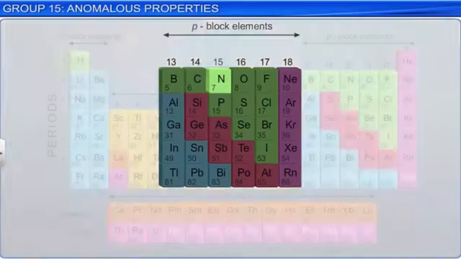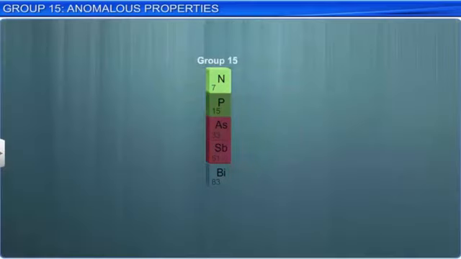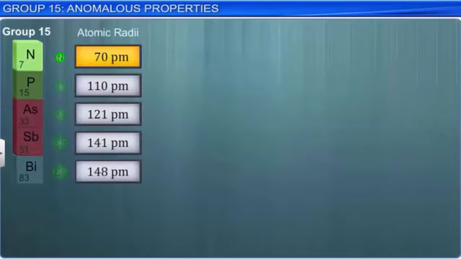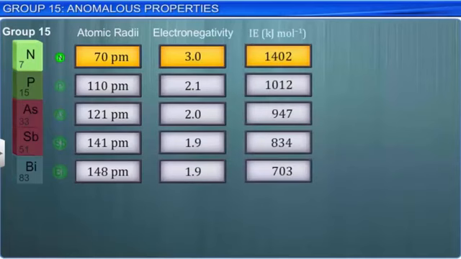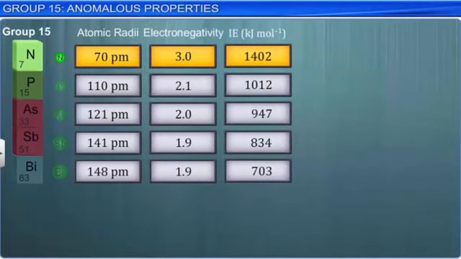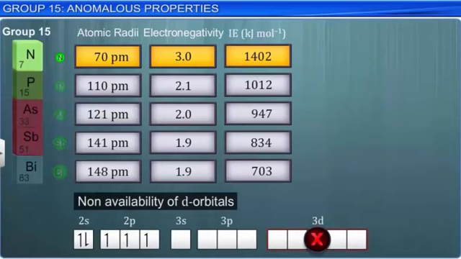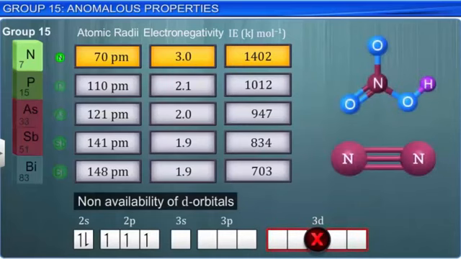The unique properties of nitrogen are attributed to its small atomic size, high electronegativity or high ionization enthalpy, the non-availability of d orbitals, and the propensity to form multiple bonds.